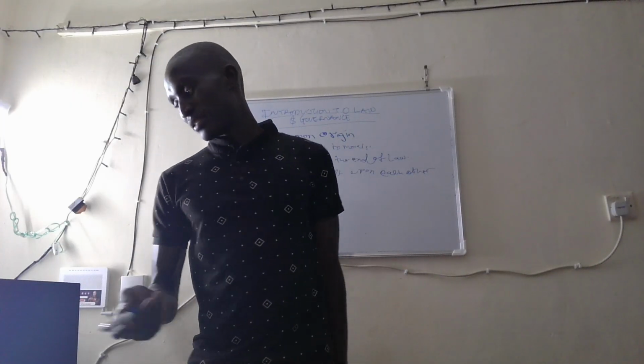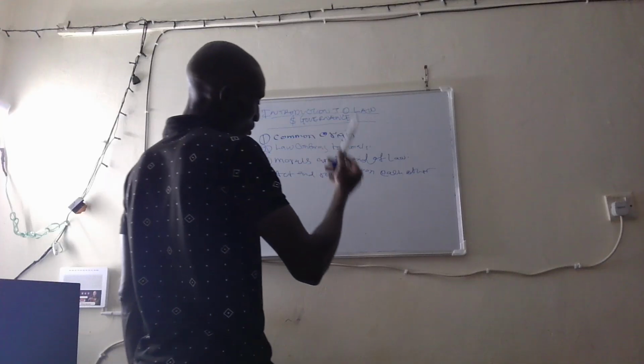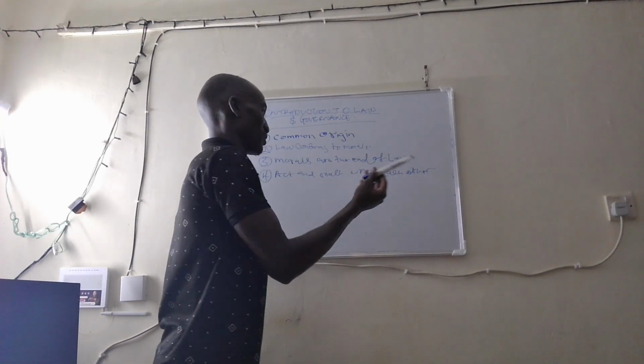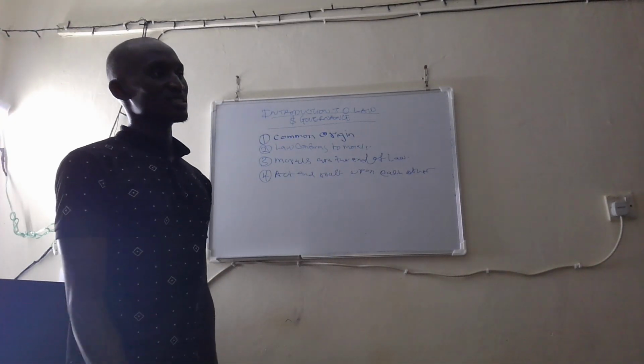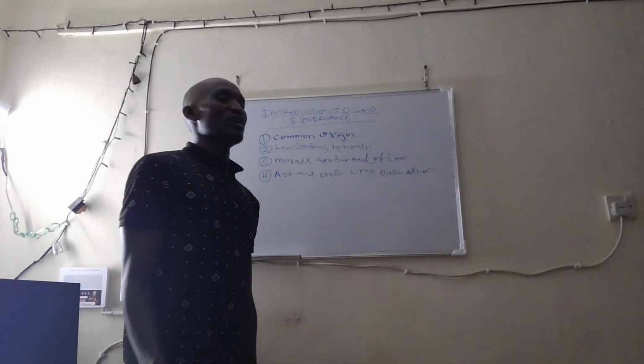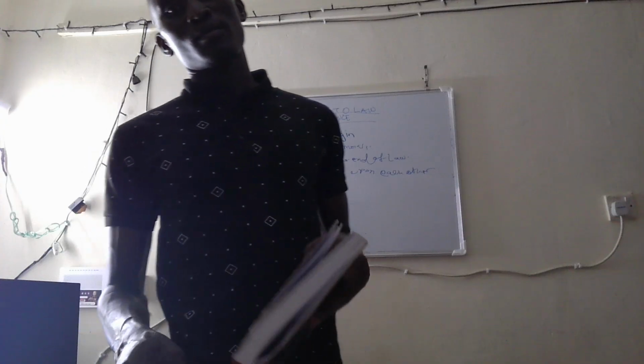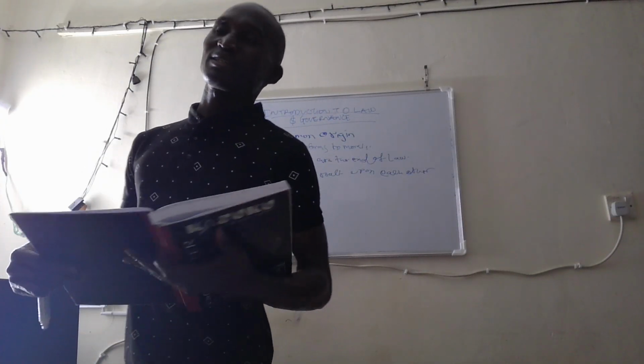Number three says that morals are the end of law, like obedience, trustworthiness, and all others. Then morals and laws act and react upon each other. The last one is that a person who is morally upright finds it easy to obey the law.